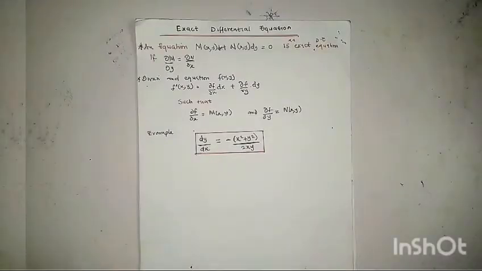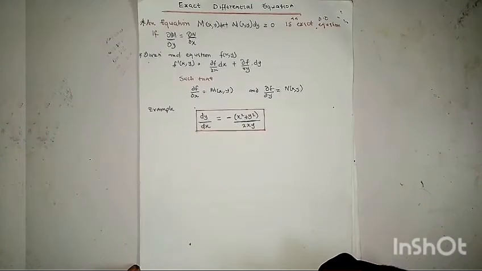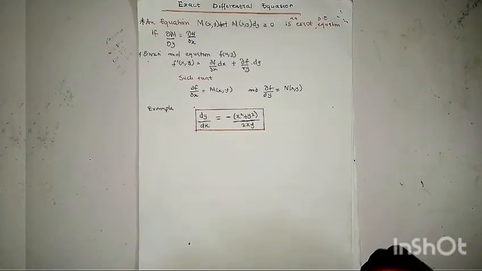We want to take a very simple question so you can easily understand, then you can solve other tougher questions by yourself. So we're going to be looking at dy/dx equals minus (x squared plus y squared) divided by 2xy. How do we know if we are going to use the method of exact differential equation?